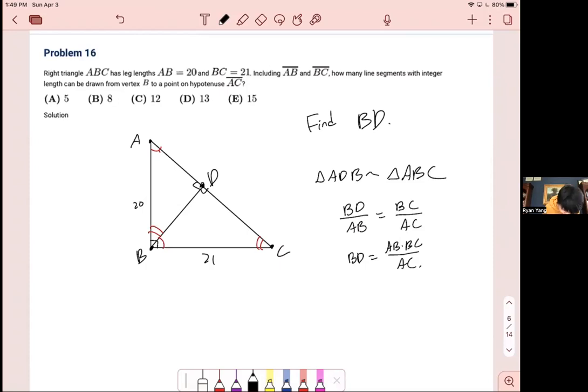And if we substitute this in, this is in fact equal to 20 times 21 over the square root of 20 squared plus 21 squared. And we want to find the smallest integer that's bigger than this, because that value is going to be the shortest line segment that we can achieve, and we can put it on both sides. Unfortunately, the square root of 20 squared plus 21 squared is not easy to compute. I don't think so, at least.